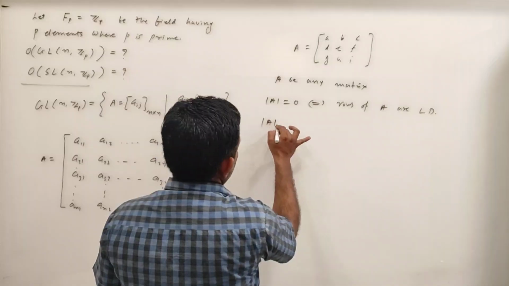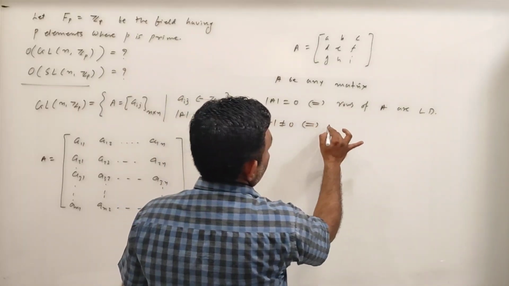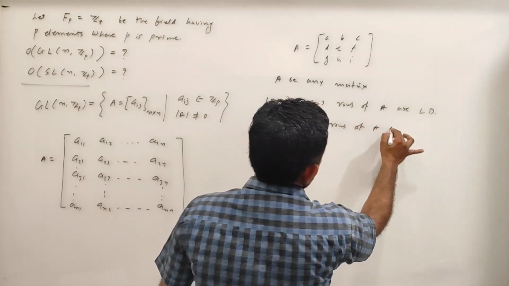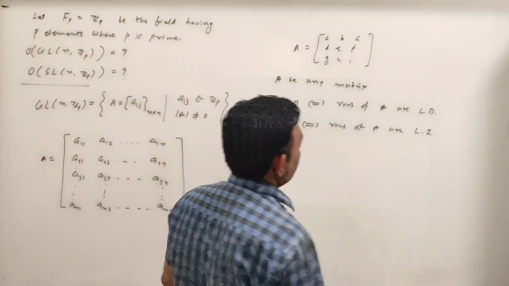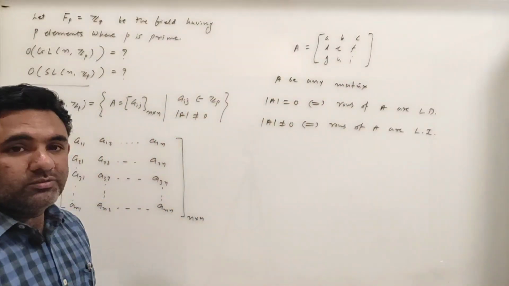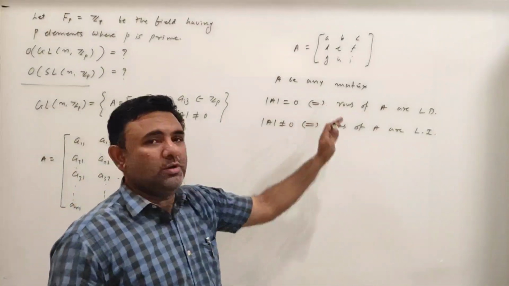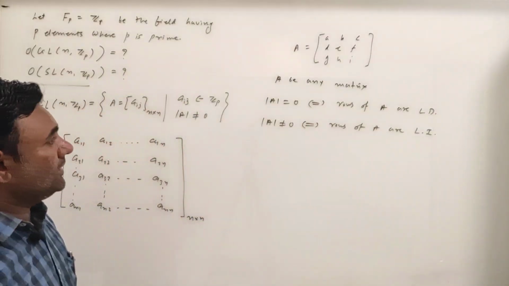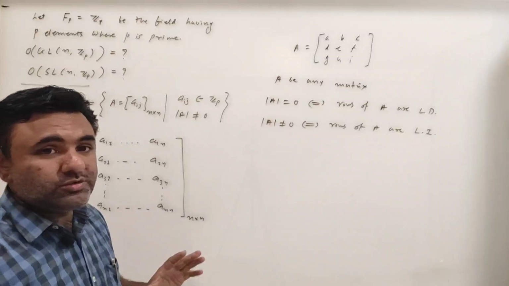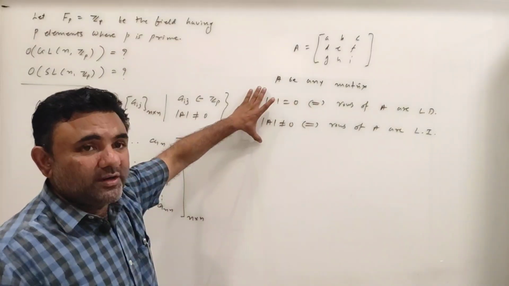Similarly, the determinant of A is non-zero if and only if the rows of A are linearly independent, all the rows. The same holds for columns also, but right now I am interested in rows. So this is one fact.